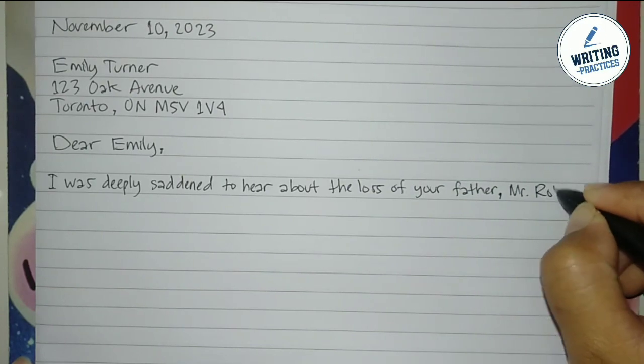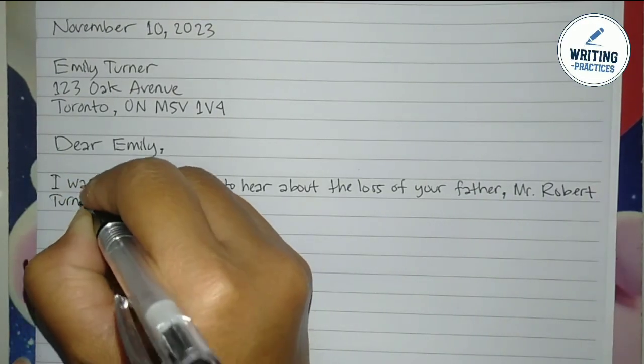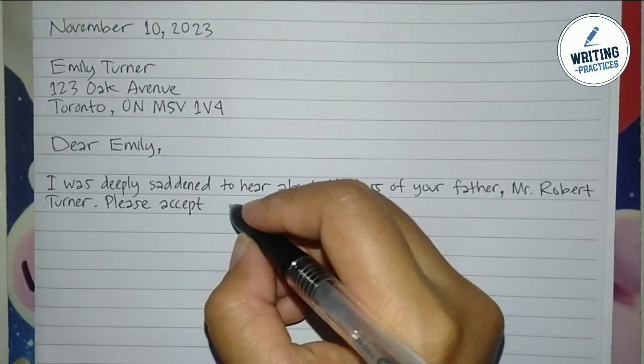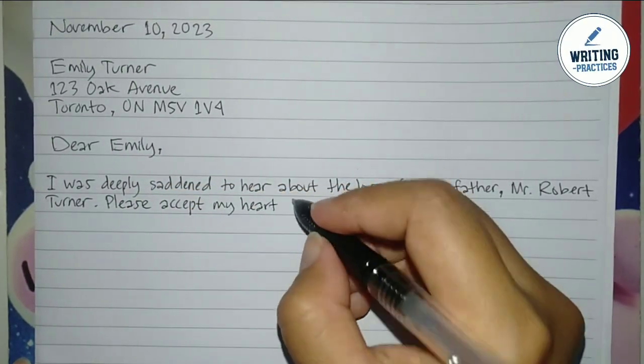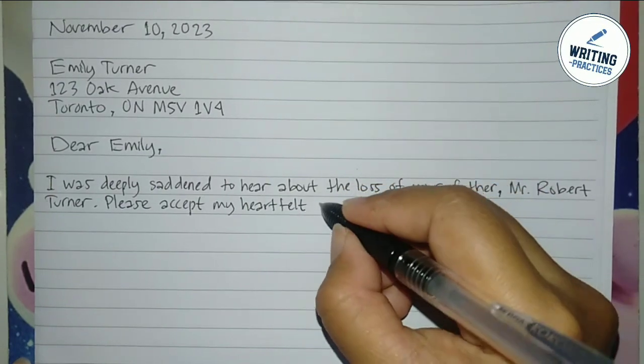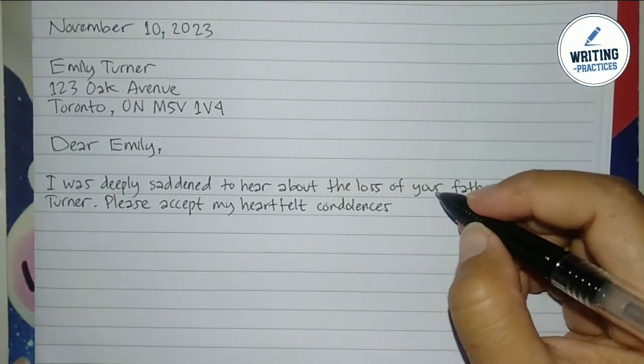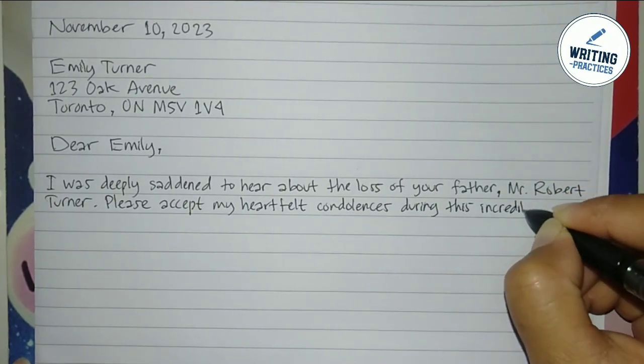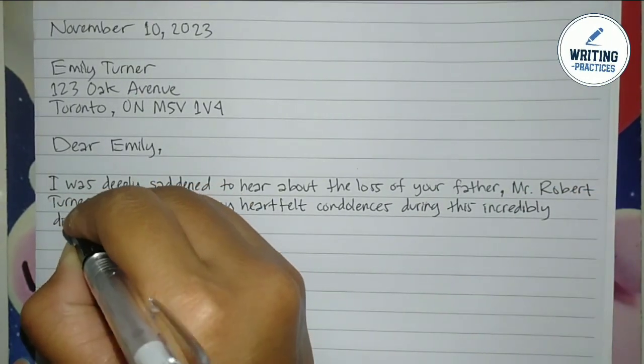So, the writer wrote, "I was deeply saddened to hear about the loss of your father, Mr. Robert Turner." Mentioning the full name of the deceased is a must here. And you can continue by writing, "Please accept my heartfelt condolences during this incredibly difficult time."